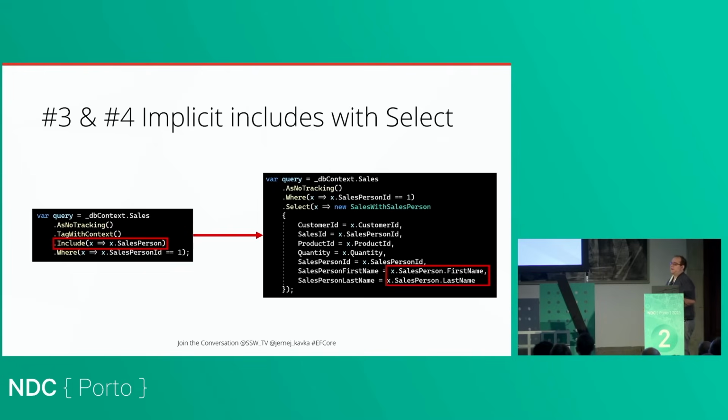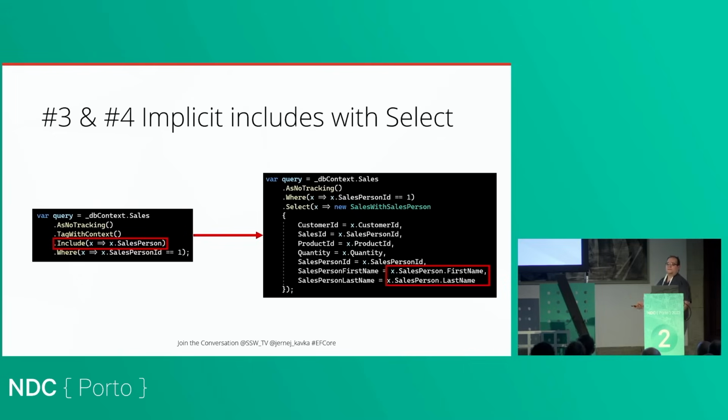And the advantage here is if you no longer need these two lines, that join no longer exists. That join only exists if you use it. And this is the difference. If I put in .include x sales persons here, it will do the join no matter what.